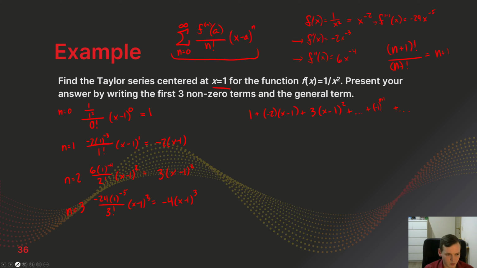And then I'm going to need more space here. And then we have n plus 1, which we see. And then we have x minus 1 to the n, because that's what we see for these terms here. N equals 1, we have x minus 1 to the 1st power.